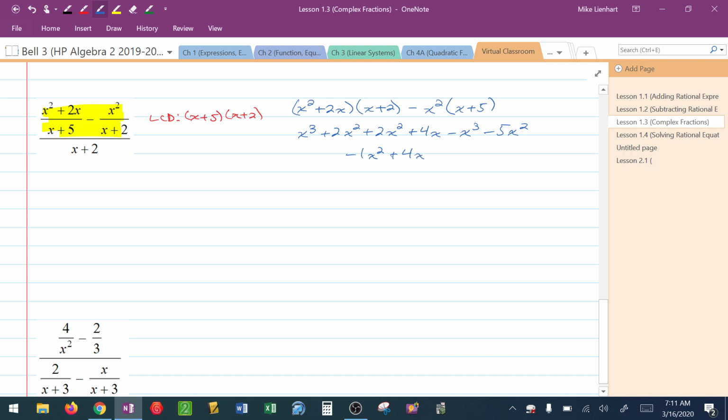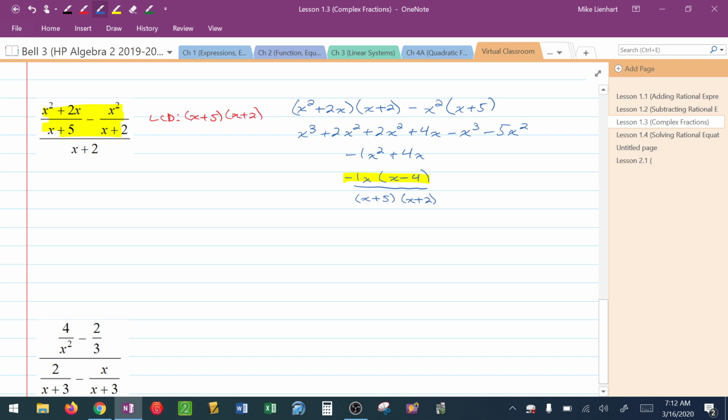And I'm going to go ahead and factor this to negative 1x times x minus 4. All right? All that work was simplifying the numerator. Now don't forget, this is still being divided by the LCD, x plus 5 times x plus 2.